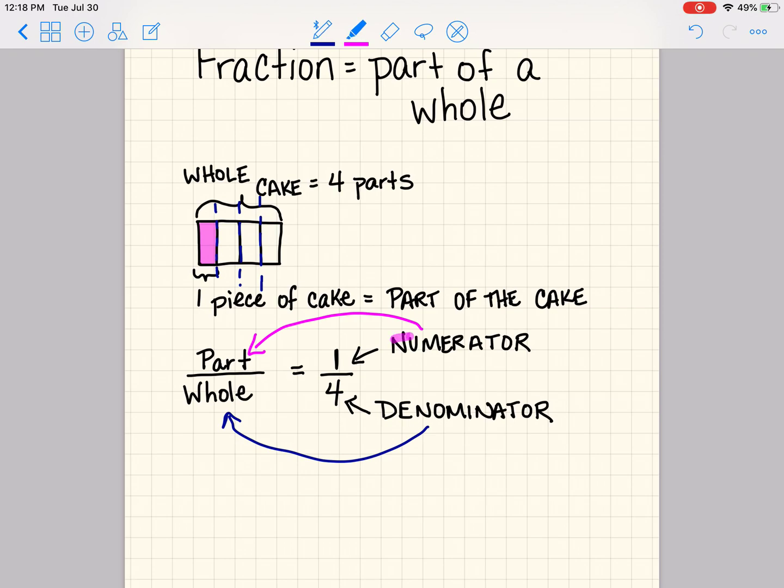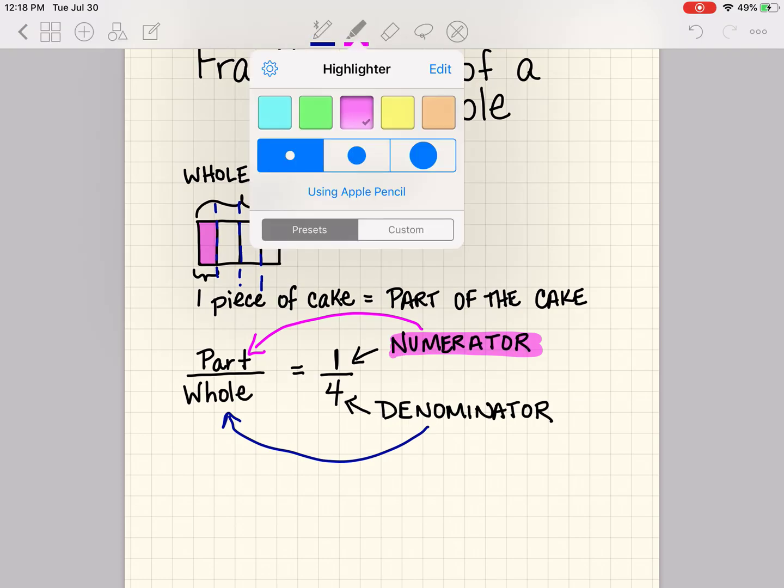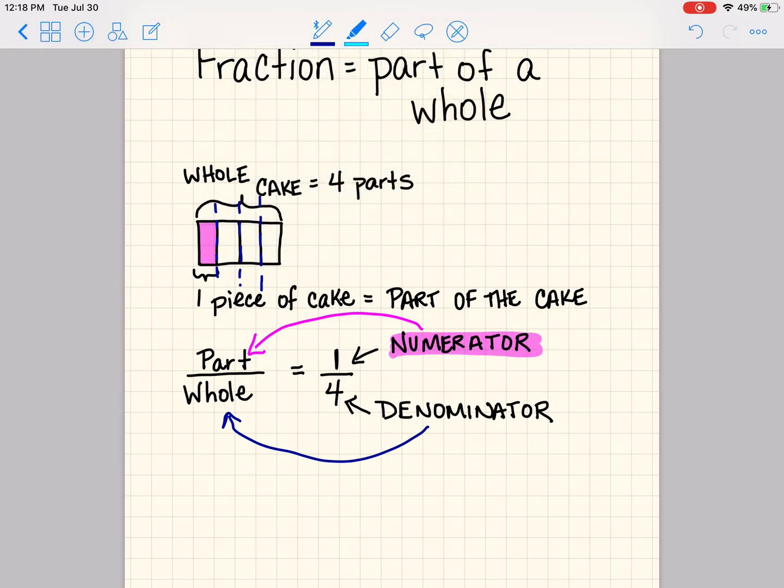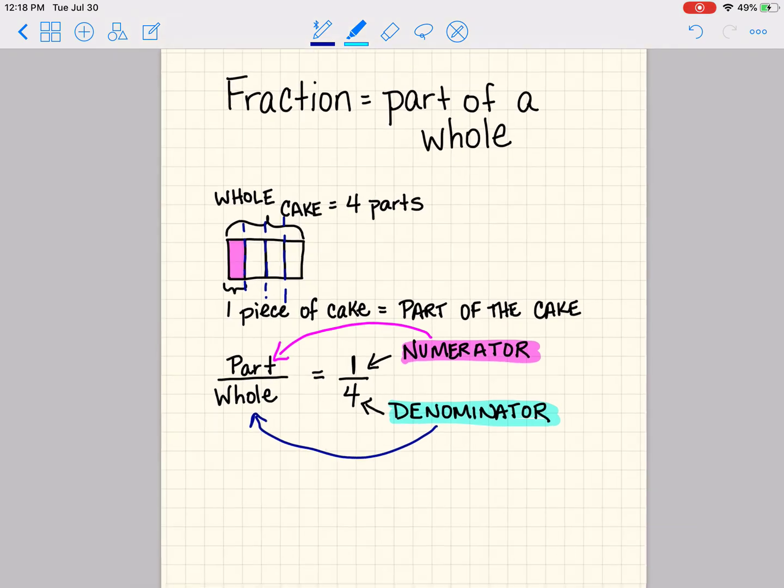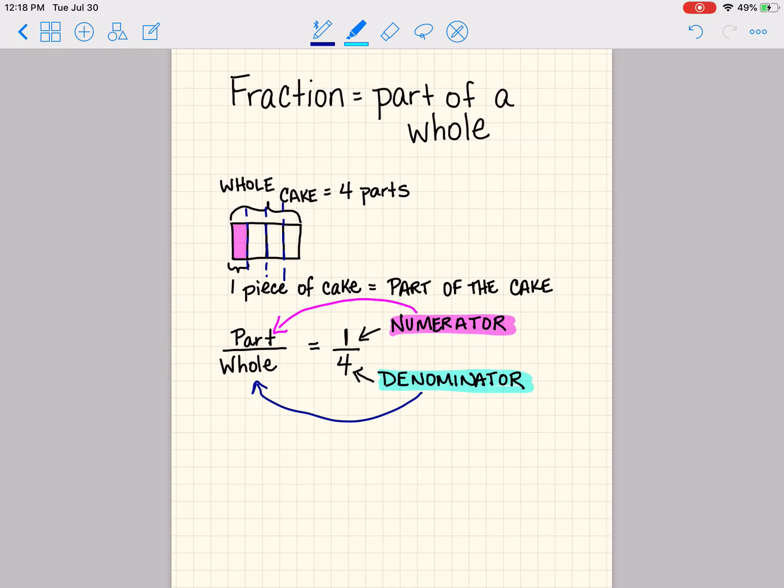These are the most important vocabulary terms to remember when you're talking about fractions. Always remember, the top number is your numerator, the bottom is your denominator, and that a fraction is part of a whole.